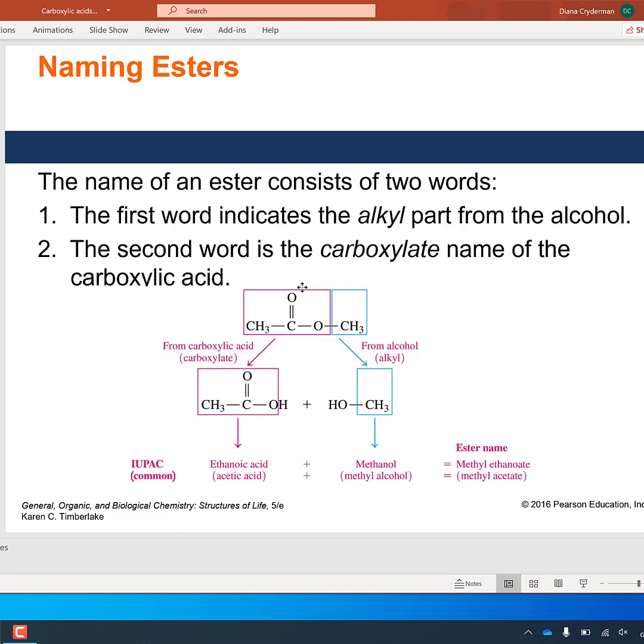Here we've got a 2-carbon carboxylic acid with 1 carbon attached. So this is ethanoic acid, or would have been ethanoic acid. The ion is, of course, ethanoate. And over here is a methyl, so we're going to name it methyl ethanoate.